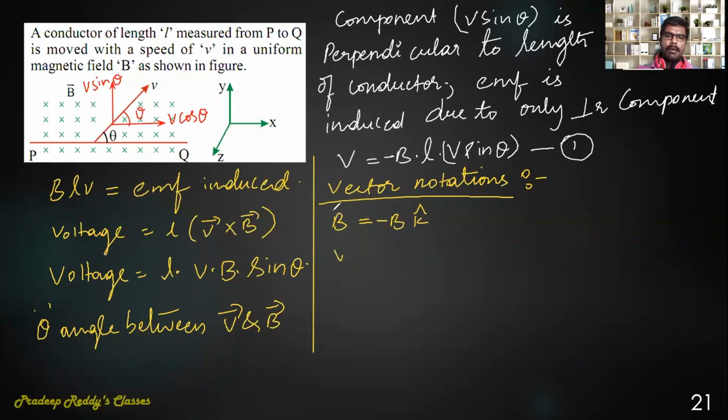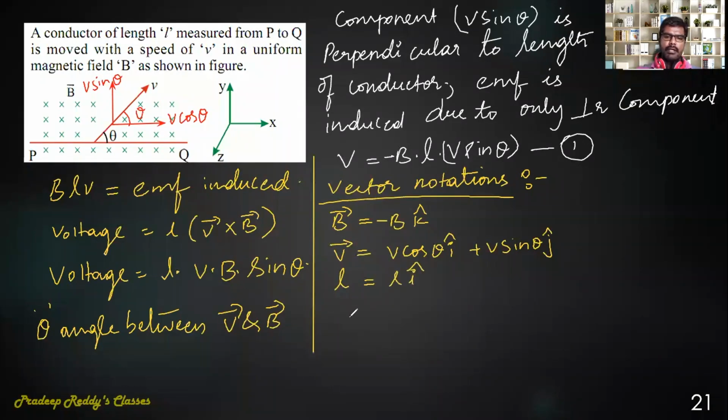Now velocity V bar can be written as V cos theta I cap plus V sin theta J cap. This is velocity V. And what is the other vector? The other vector is the length of the conductor, that is P to Q. So I will just take it as L into I cap.